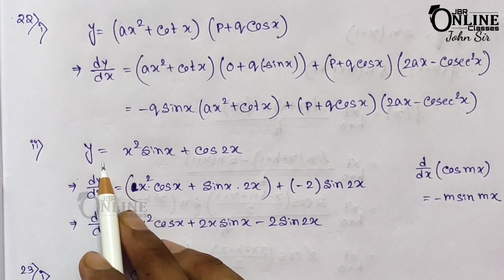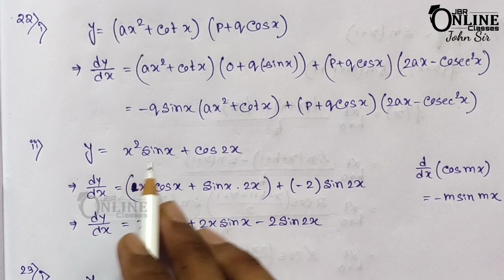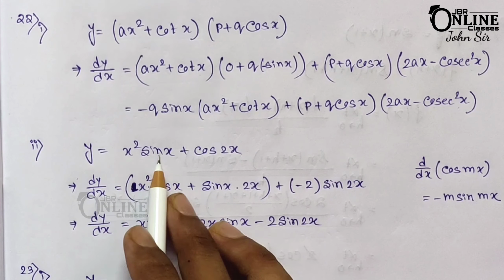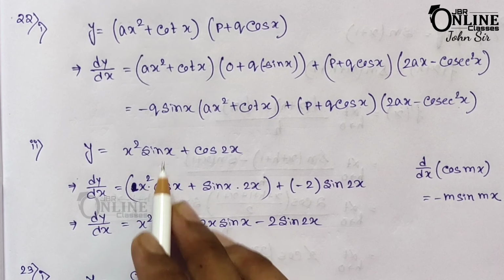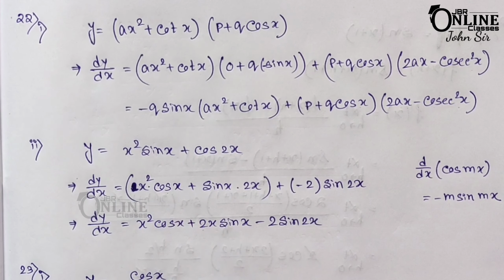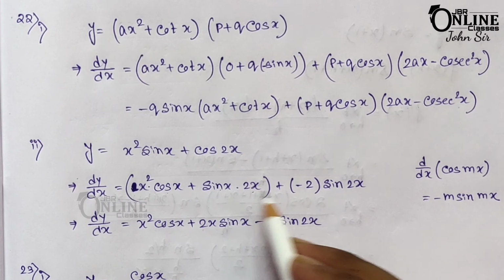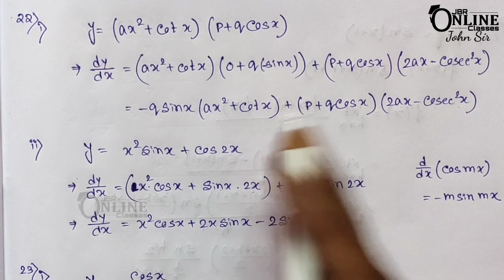Now second one, here x square sin x plus cos 2x. Okay, so that means first you have to differentiate this one, you have to apply here uv formula. So it will be here x square, derivative of sin x equal to cos x, and then sin x and derivative of this one equal to 2x. Now plus again you have to differentiate this one separately.